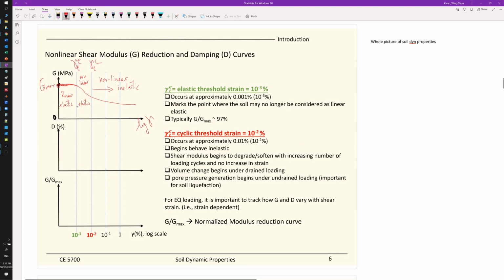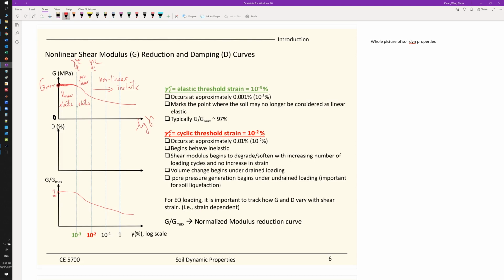Then you will get a curve, maybe something like this again, where the shape will be the same as before the normalization. But the nice thing is that since this is normalized by Gmax, the beginning point here will have a ratio of 1.